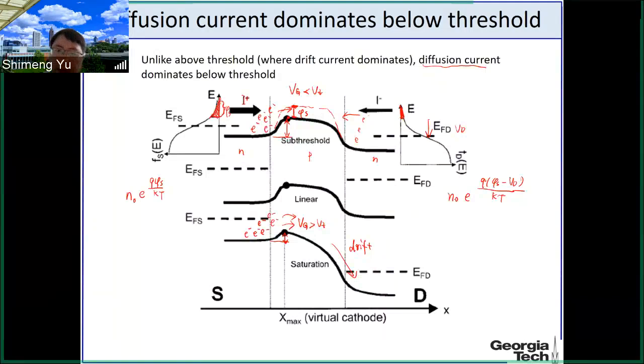This is because not only do you have this phi s, but this phi s needs to be reduced by Vd, because you have less probability because of Vd. So you have to subtract the Vd here. This is at the source, and this is at the drain.